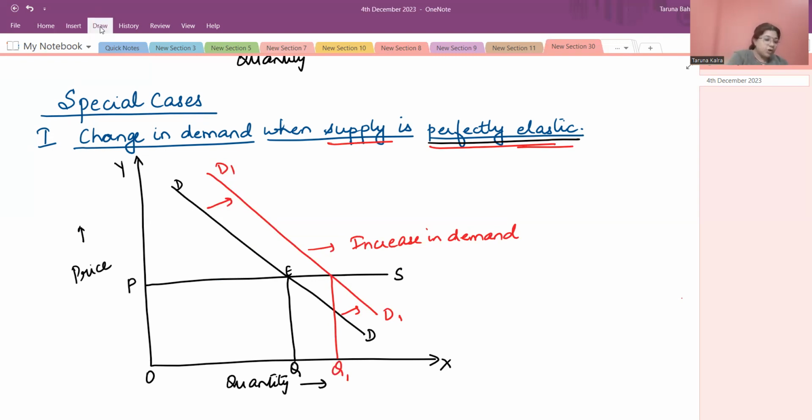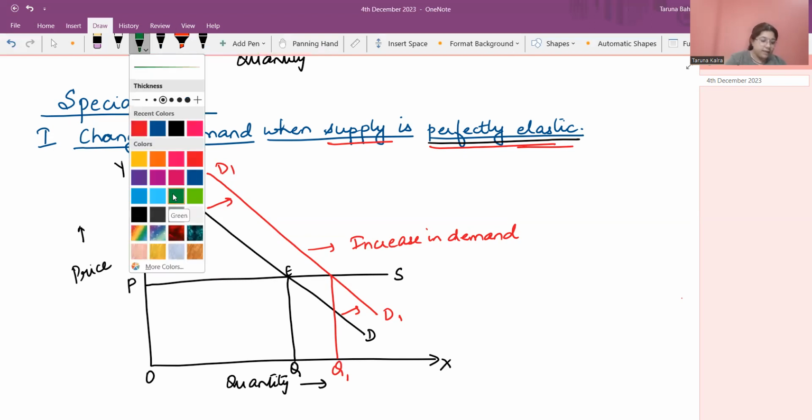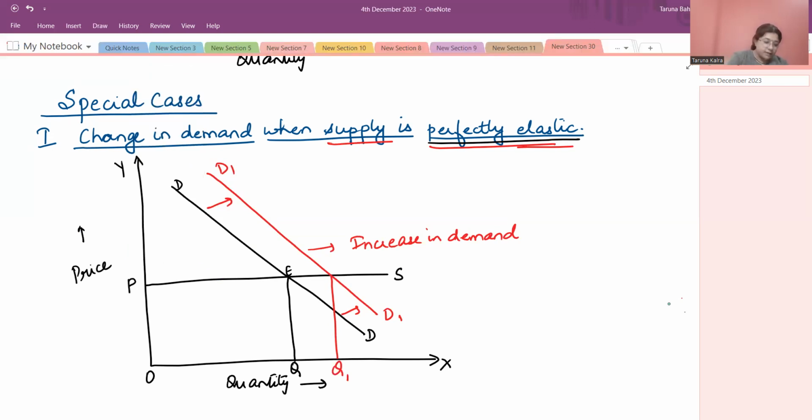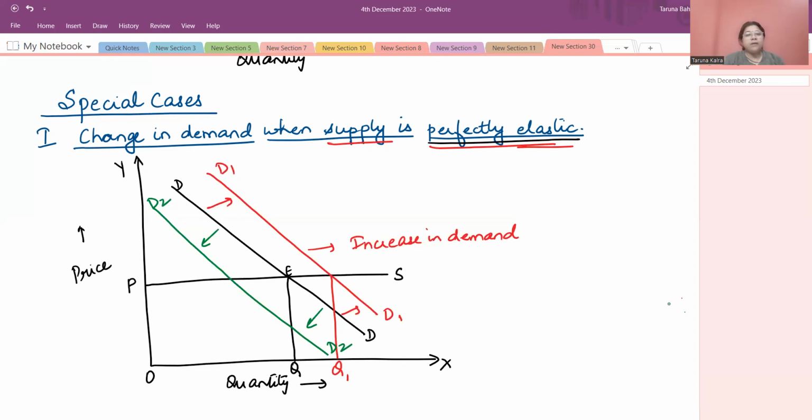In case your demand decreases, the demand curve is going to shift leftward to D2, D2, and the equilibrium price will remain the same, but your equilibrium quantity is going to reduce to OQ2.